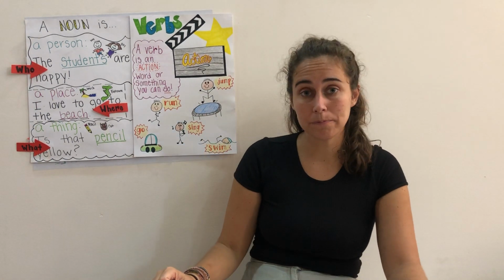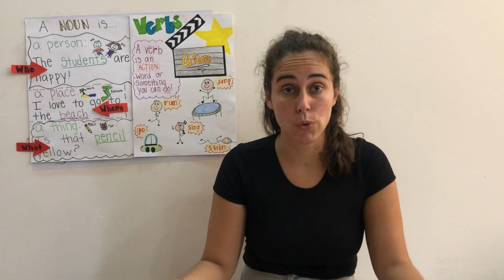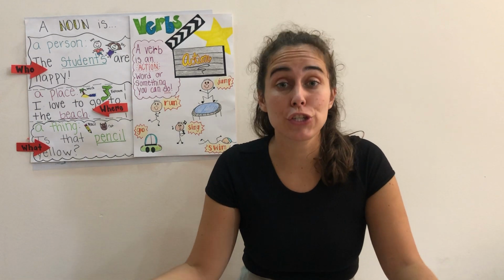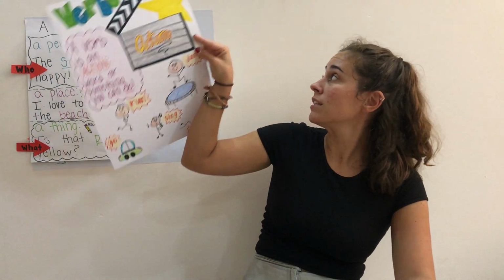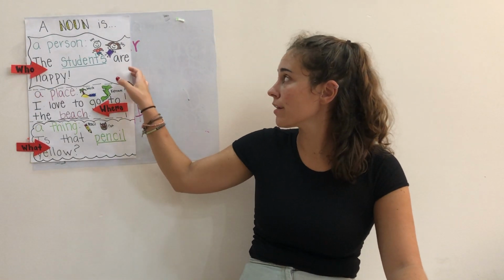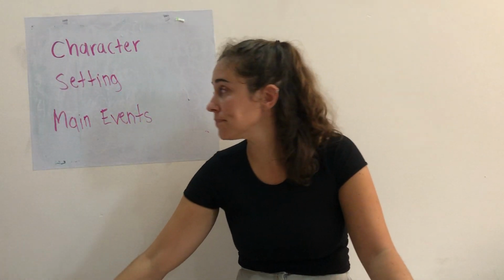So we are running, going, singing, jumping, swimming. So every story and every page in your story, every sentence should talk about the noun, or who, person, place, or thing, and what they are doing. So I'm going to take these down because now we are going to start our writing lesson.